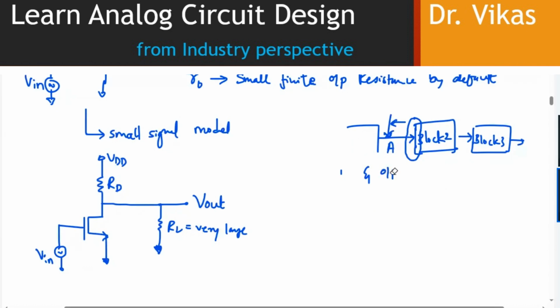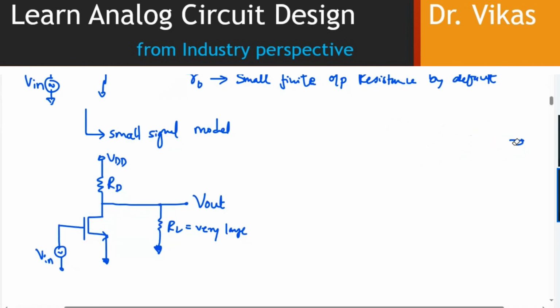Now, once I have this block, the simple amplifier circuit, yesterday we drew the small signal equivalent. So basically, how do I draw it? This is my source, gate, drain.